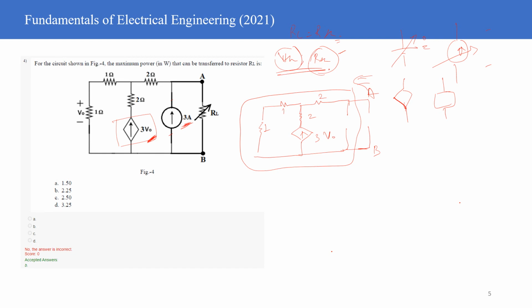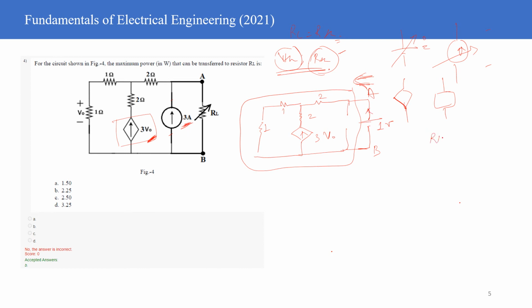Good. So you need to figure out the equivalent resistance when looking from this side. How do you do that? The simplest idea: since you have a dependent source, you cannot directly use series and parallel connections. So what you can do is put a voltage source over here, 1 volt, and then find the current which is flowing out.